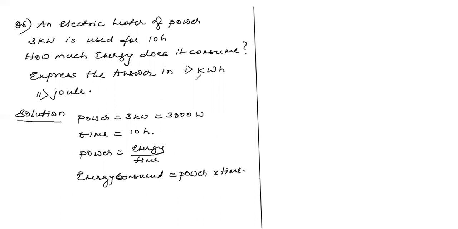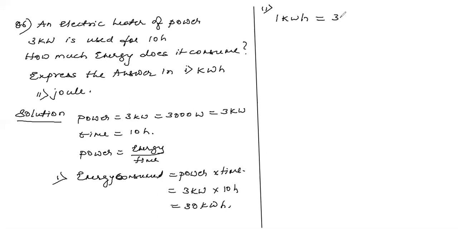Naturally, they want it in kilowatt hour, so this can be taken as kilowatt. So what I'll do is 3 kilowatt into 10 hours. So it becomes 30 kilowatt hour. This is the first answer. But then they also want it in joules. 1 kilowatt hour, please have a look here, is equal to 3.6 into 10 raised to 6 joules.